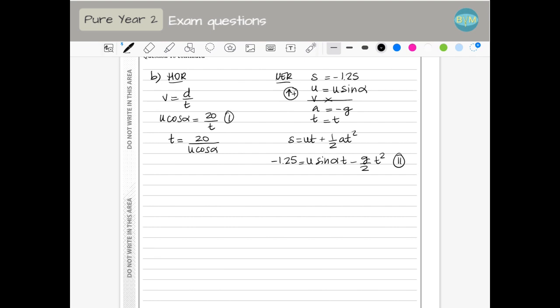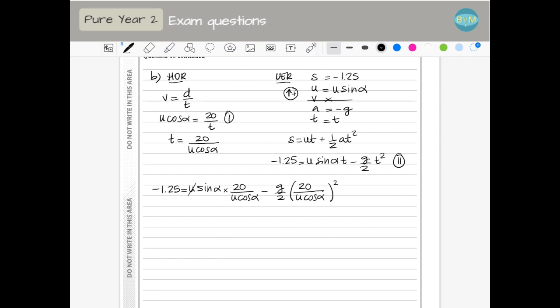And you will see that we're going to have tan alpha very easily. So if I substitute in the second one, I have minus 1.25 is u sine alpha, and instead of t, I'm going to write that expression that I just found. So u cos alpha minus g divided by 2, 20 over u cos alpha, squared.